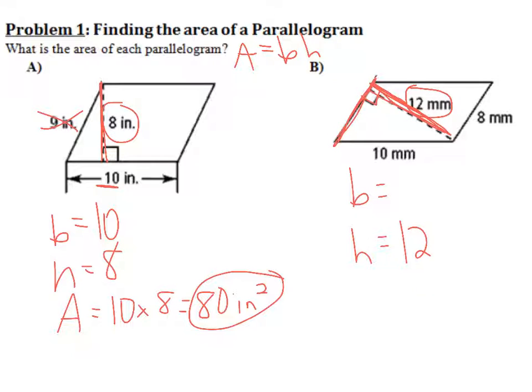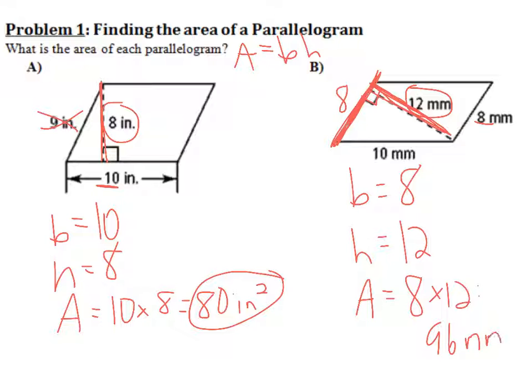So in this example, here's our base. Well, if this side length is 8 over here, in a parallelogram, the opposite side is also 8. So our base is going to be 8. To find our area, base times height, and we get 96 square millimeters.